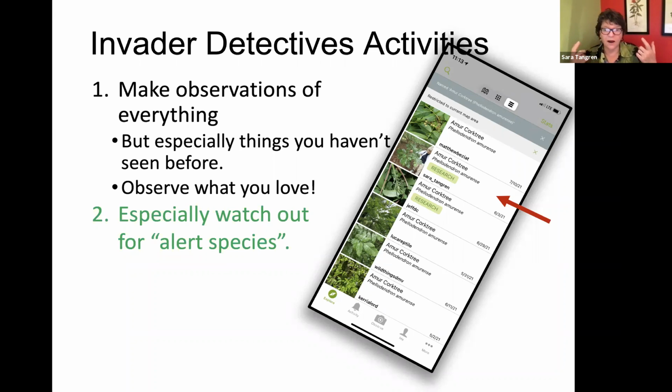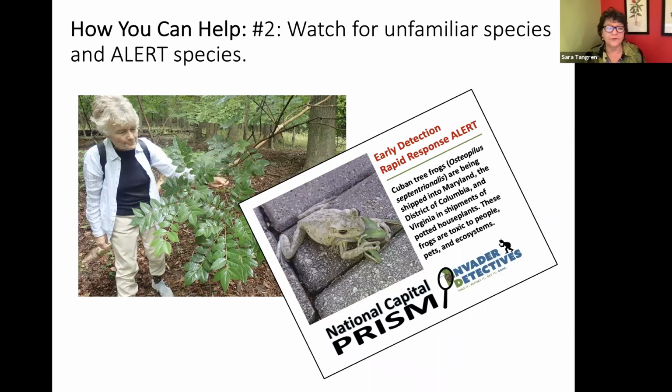Just train your eyes to recognize that as best you can. When you go out in the field, if you see a tree with a compound leaf and you don't know what it is, start snapping shots of anything you don't know until you've got your eyes trained for what an Amur cork tree might look like. So watch out for alert species.